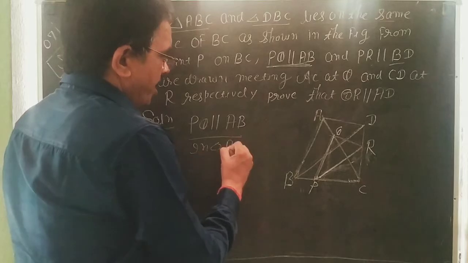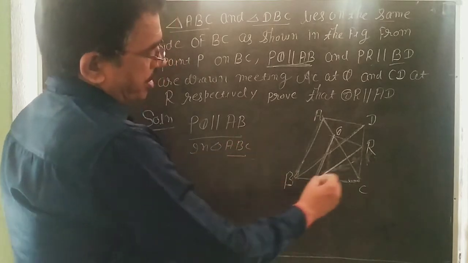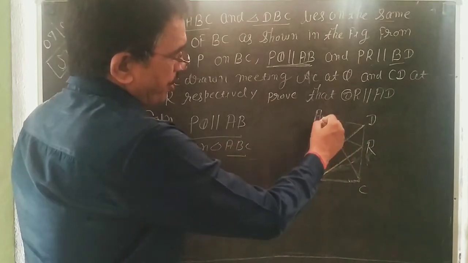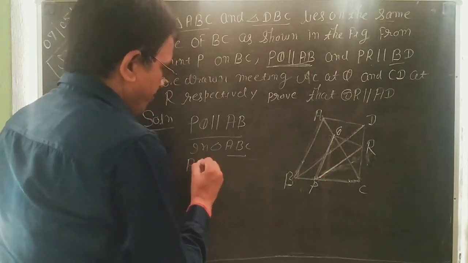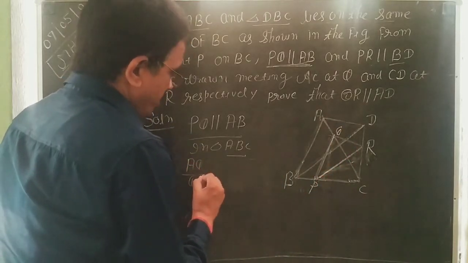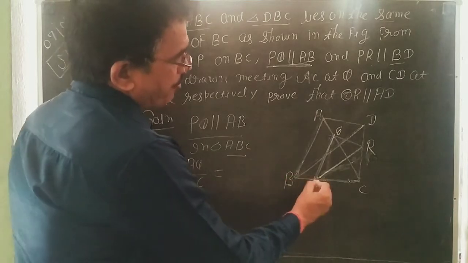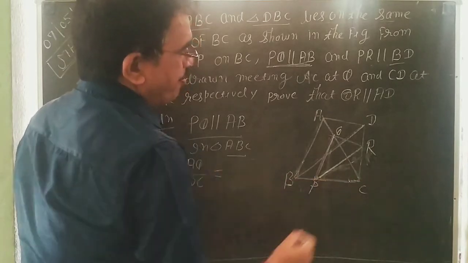In triangle ABC, PQ is parallel to AB, so you can write AQ by QC equals BP by PC.